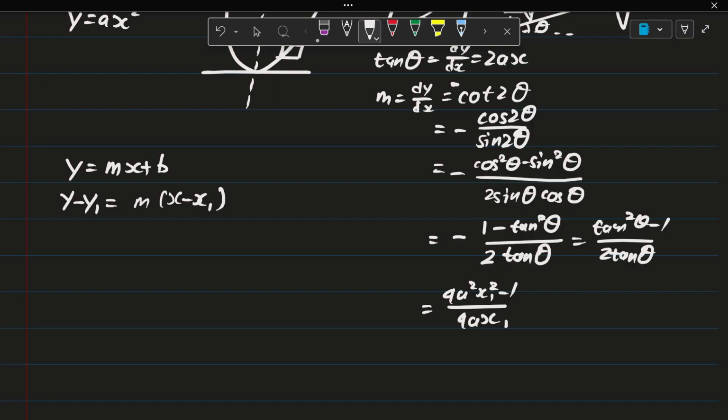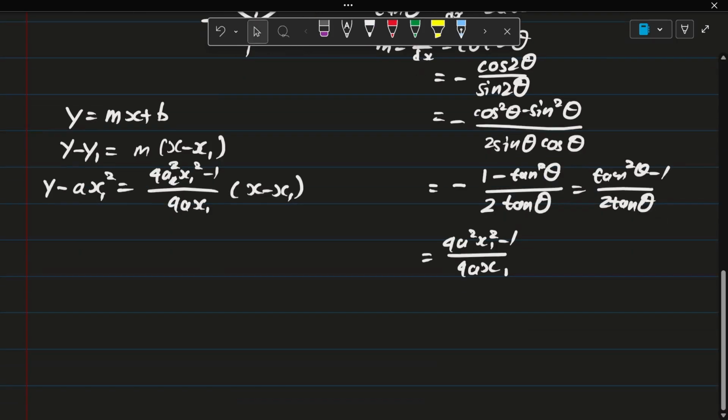So if we put the slope in as well as the particular value of y, which in here is going to be ax1 squared, we get ax1 squared equals to 4a squared x1 squared minus 1 over 4ax1 times x minus x1.